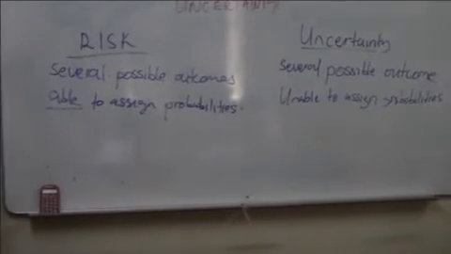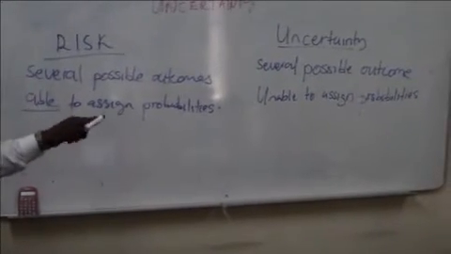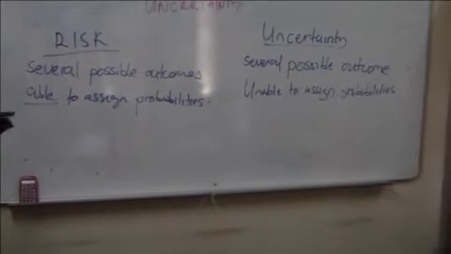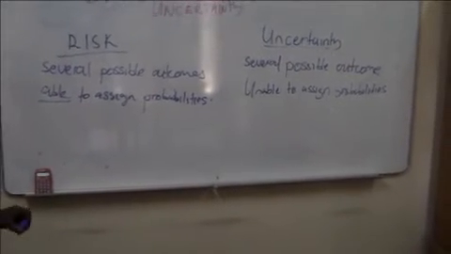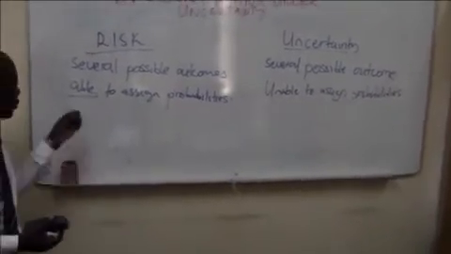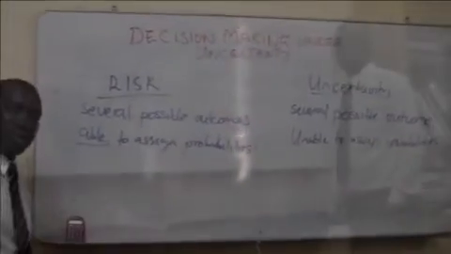So what am I saying? With uncertainty, you have several possible outcomes. With risk, you also have several possible outcomes. However, the difference is that with uncertainty, you are unable to assign probabilities to those outcomes, whereas with risk, you're able to assign probabilities to the outcomes.